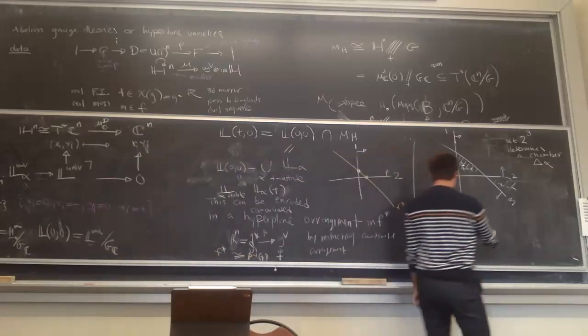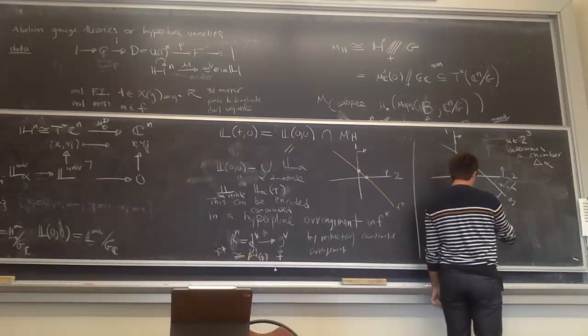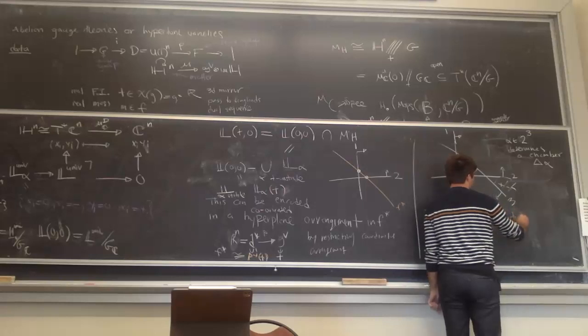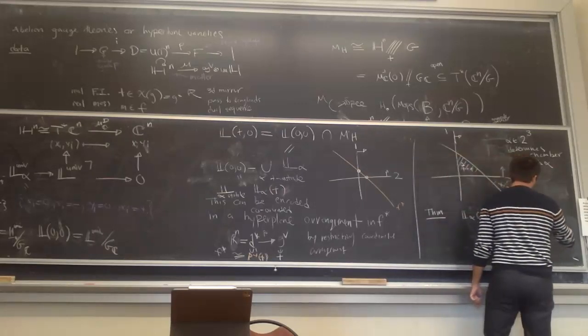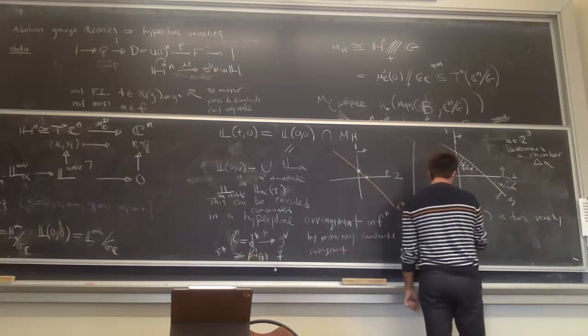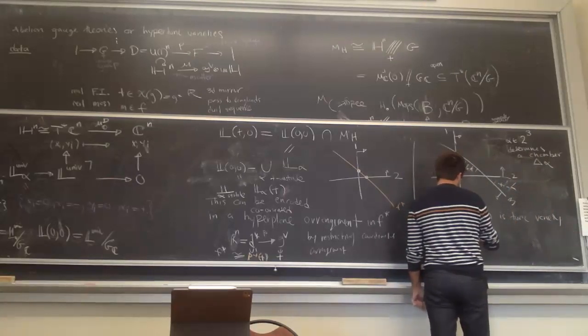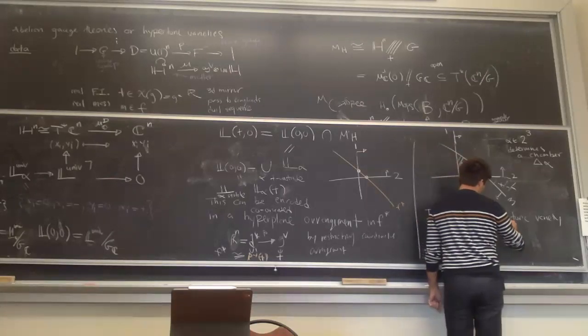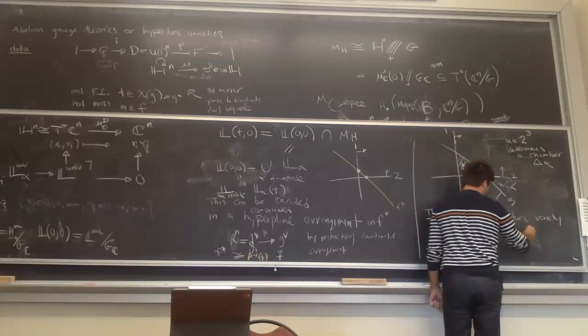So the theorem is that L alpha of T is the toric variety corresponding to the polytope delta alpha.